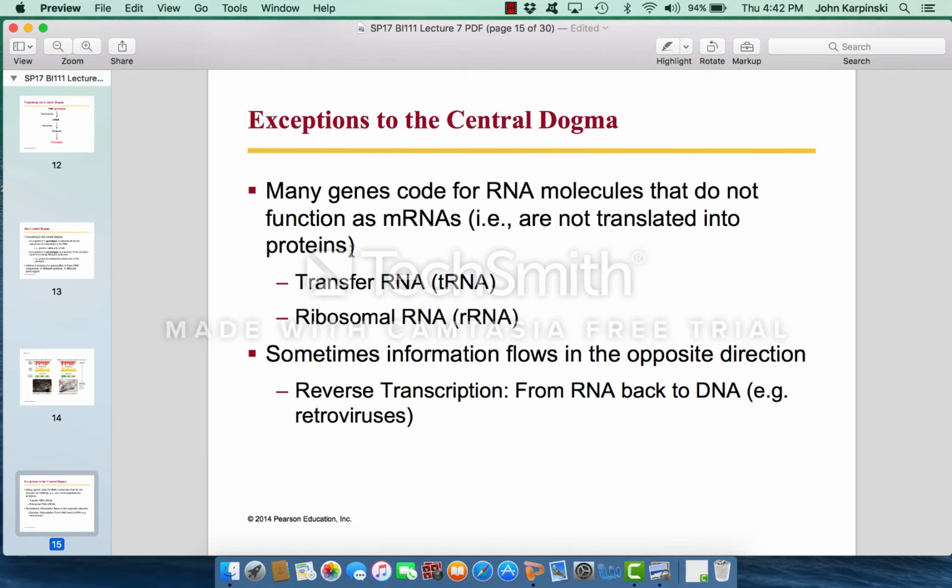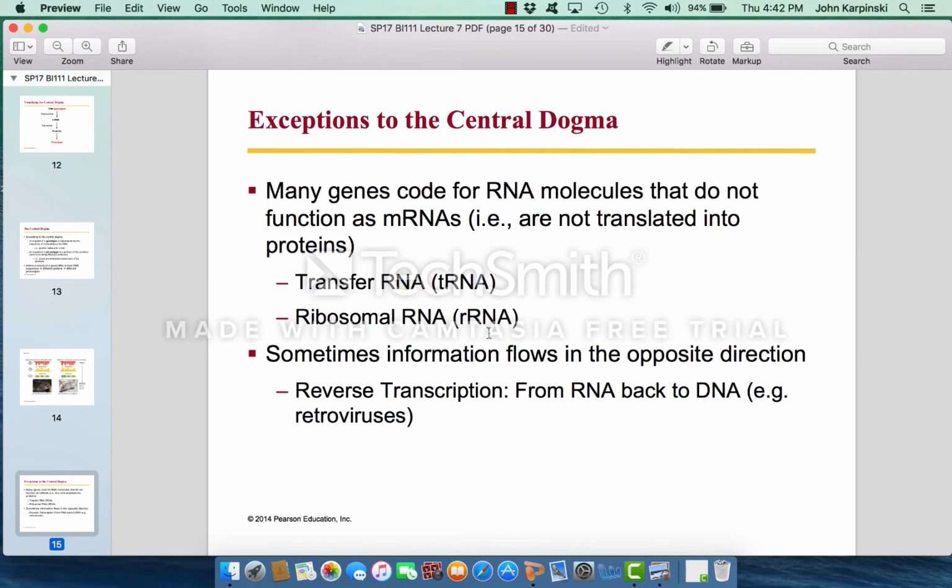The two main types of RNA that have functional significance in cells are transfer RNA and ribosomal RNA, tRNA and rRNA, respectively. These are both involved in the process of translation, which is protein synthesis. Protein synthesis would not be possible without these two RNAs.